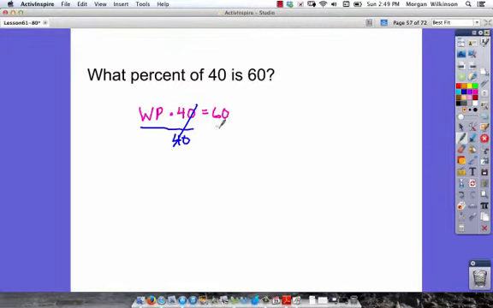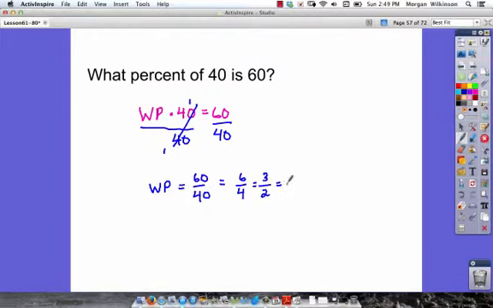40 divided by 40 is the same as 1 over 1. And 60 divided by 40 is going to tell us what P is. So P times 1, we don't need to write that, is equal to 60 over 40. Now we know 60 over 40 is the same thing as 6 over 4, which is the same as 3 over 2 when we cut both numbers in half.